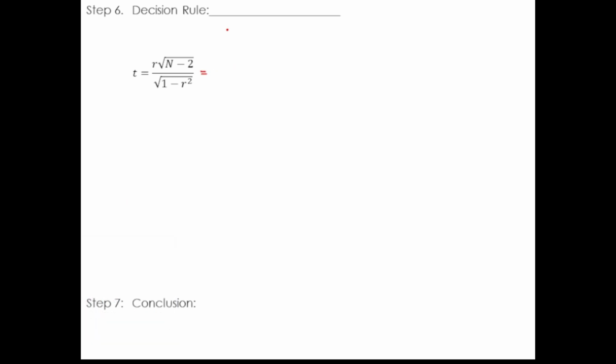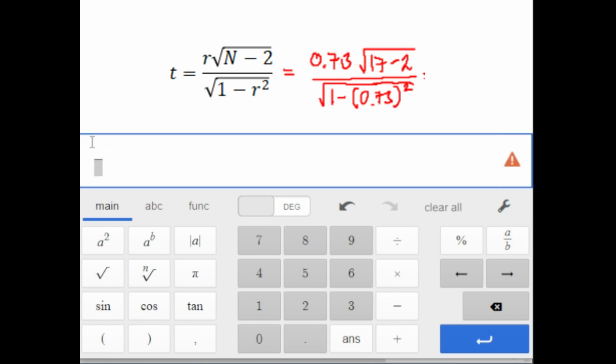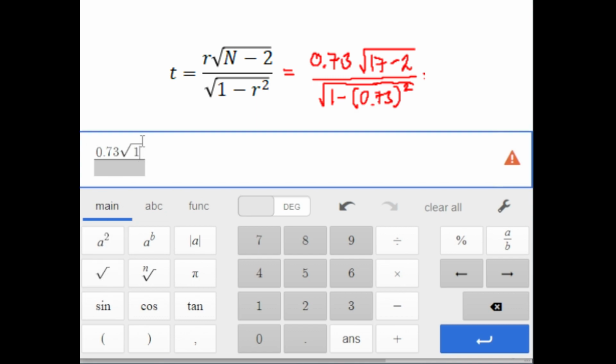Substitute po natin dito. So, ito'y 0.73 multiply it to 17 minus 2 all over square root of 1 minus 0.73 square. Okay? Press this to your calculator. Okay, sa ating calculator, fraction again. So, 0.73 times the square root of 17 minus 2.